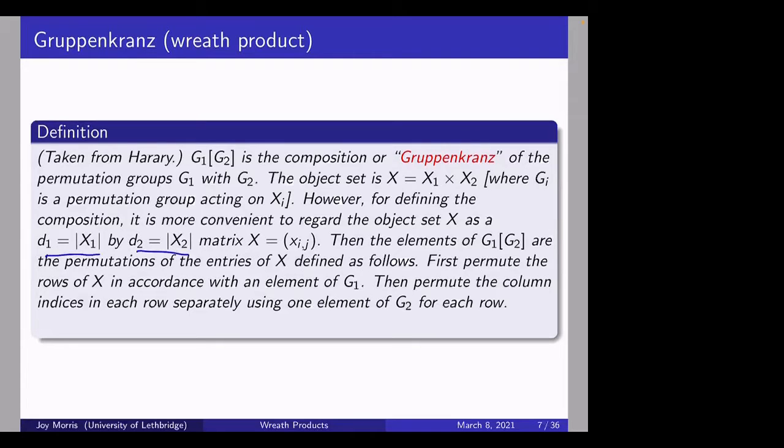And the elements of the composition then are the permutations of the matrix that are defined by: we permute the rows in accordance with any element of the first group, and permute the column indices in each row individually using whatever element you choose of the second group for each row independently.